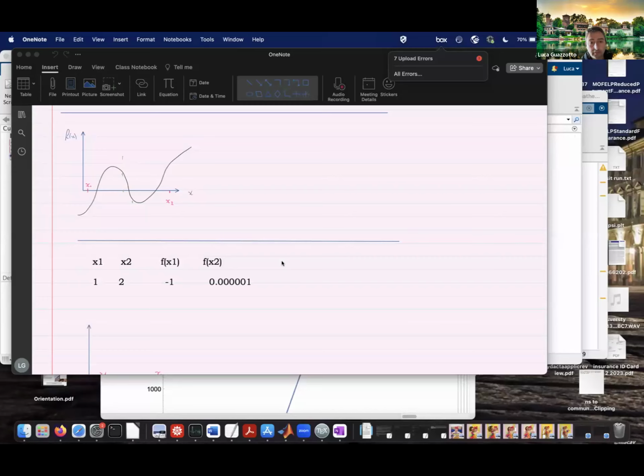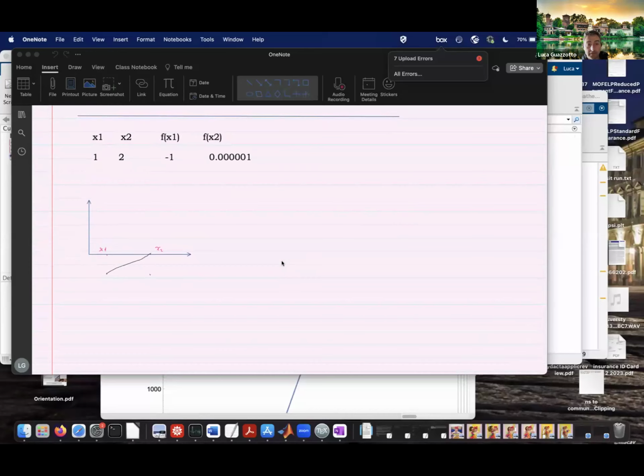My function probably looks something like this.